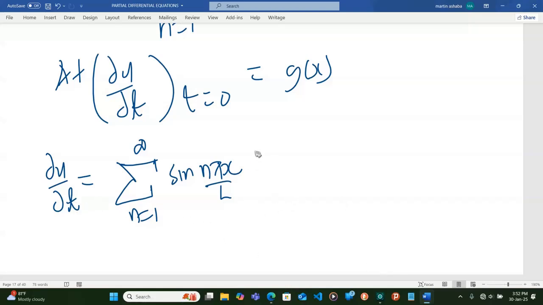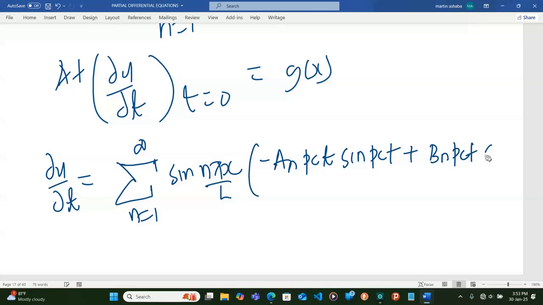So this is going to be multiplying into negative an pc sine pct, plus bn pc cos pct.